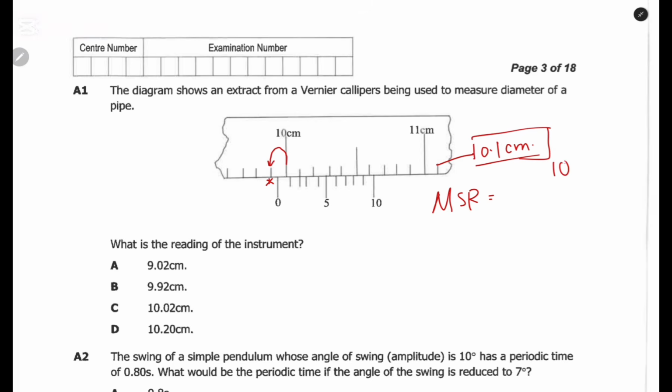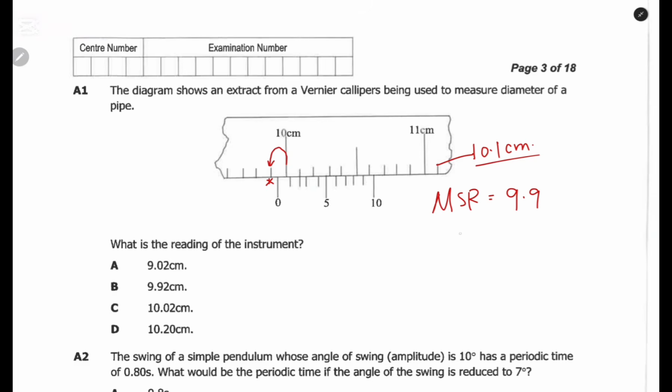So we subtract from 10.0, which is the same as 10, the 0.1. 10 minus 1 gives a 9 point, and 9 minus 0 is 9. So the main scale reading is 9.9. Or you can just subtract 0.1 from 10 using the calculator.